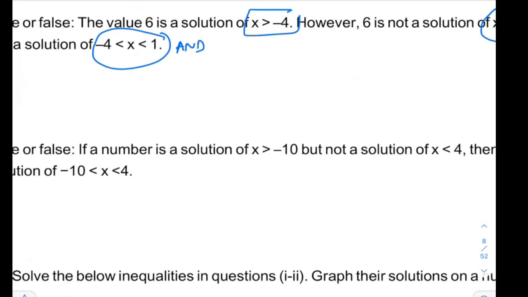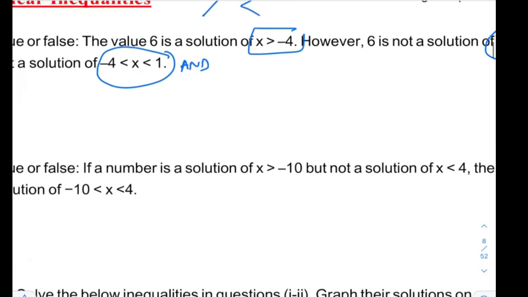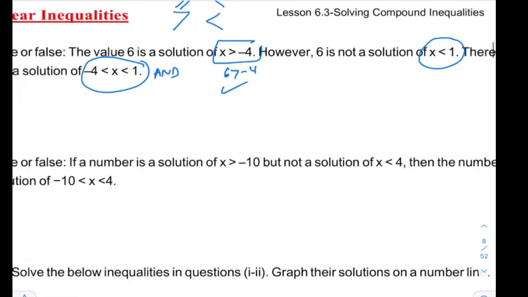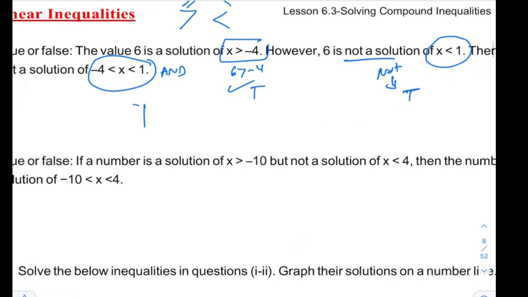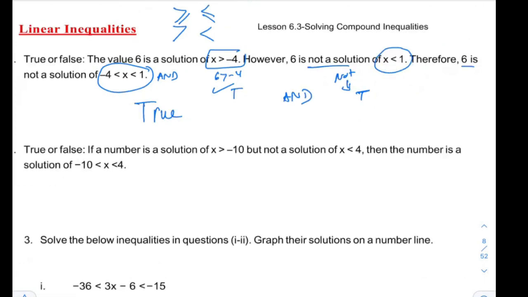If one of them is false, then this is false. Since 6 is more than minus 4, this is okay, true. And 6 is not a solution of x less than 1. He said, yes, it's not a solution. So his statement is true as well. So this is true and this is true. That means the whole message is true. True and true is true.